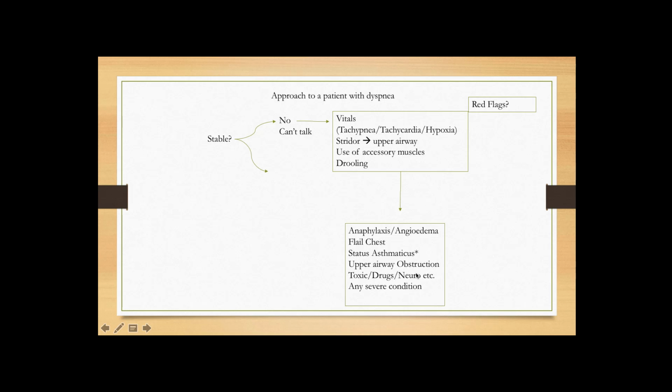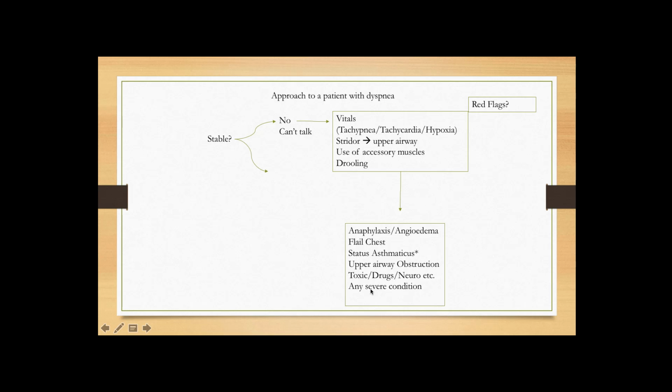And in addition to upper airway obstruction, we will look for any exposure to toxins or drugs or any other severe condition. So remember, any condition that was present in the acute category, if it becomes extremely severe, can give rise to use of accessory muscles of respiration. For example, a hemoglobin of 3 or 4 will cause a patient to use accessory muscles of respiration.